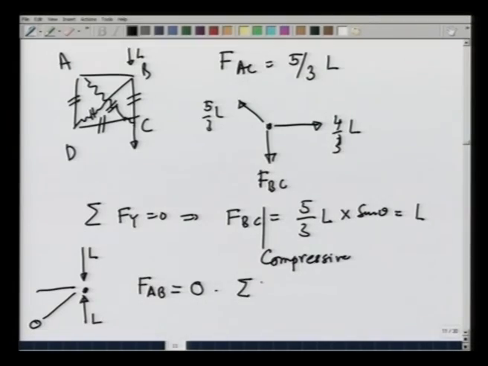This follows from the condition summation F_x equals 0 on B.